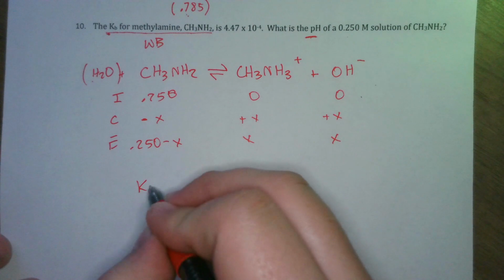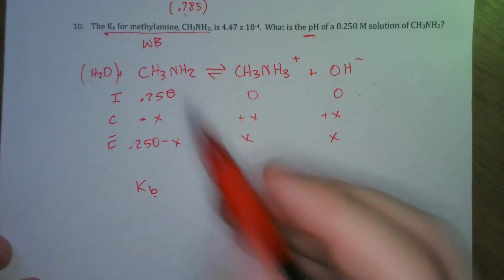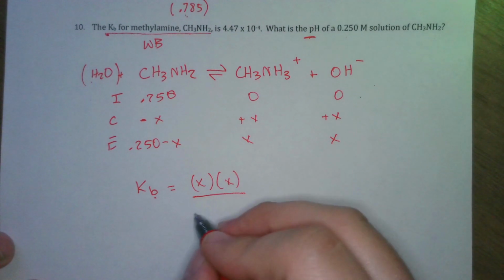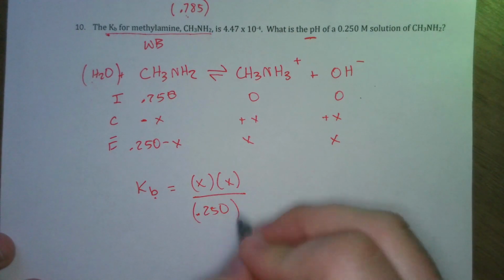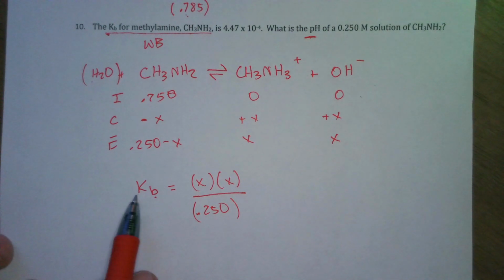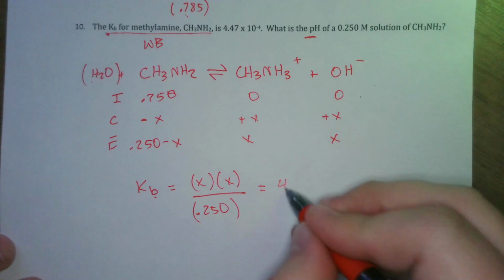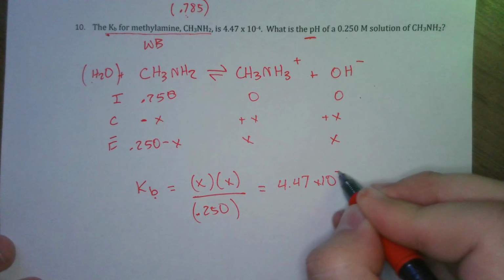I'm going to write my Kb expression, Kb because it's a base, x times x over 0.25. Just going to get rid of the minus x. My Kb, I'm going to plug that in, is 4.47 times 10 to the minus 4.